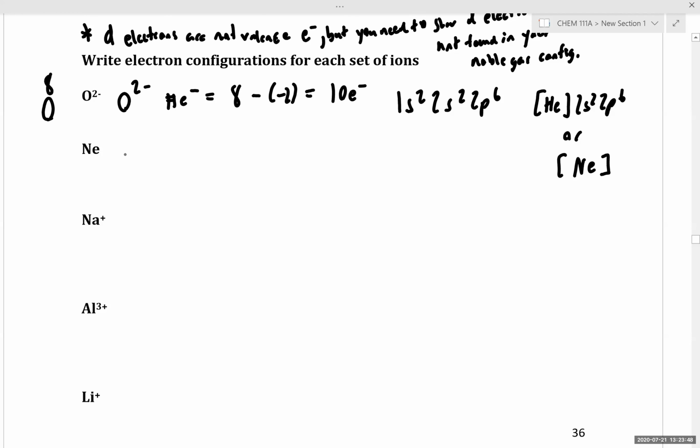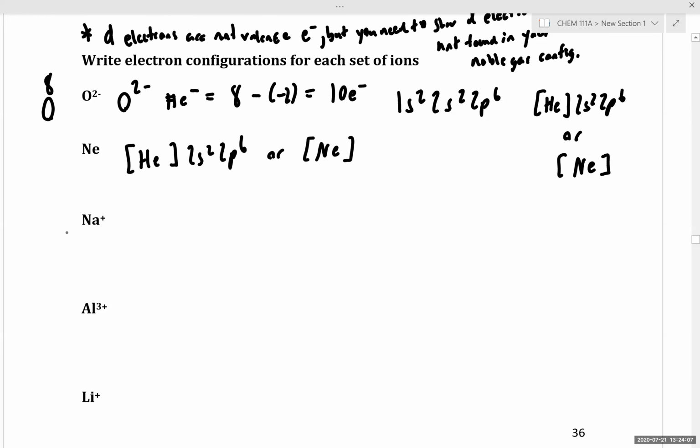The configuration of neon would also be helium 2s2, 2p6, or you can just write it as neon. I've seen both methods used, although the method involving helium is a little bit more correct.